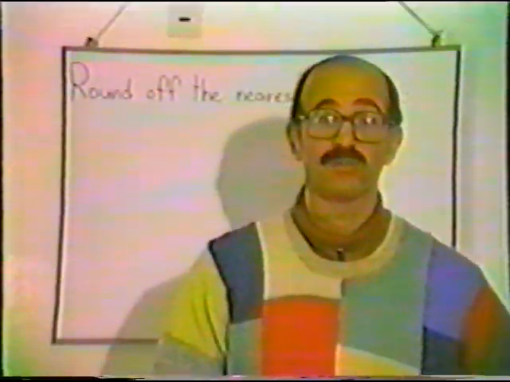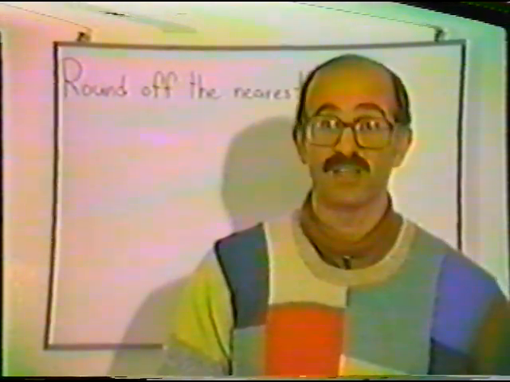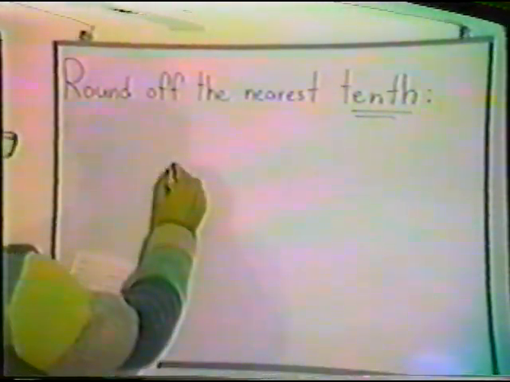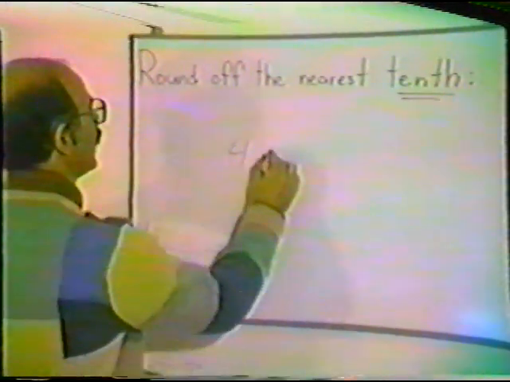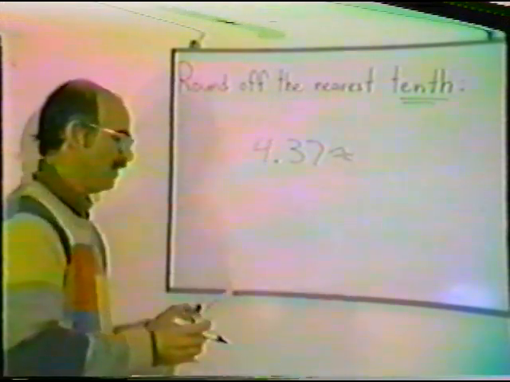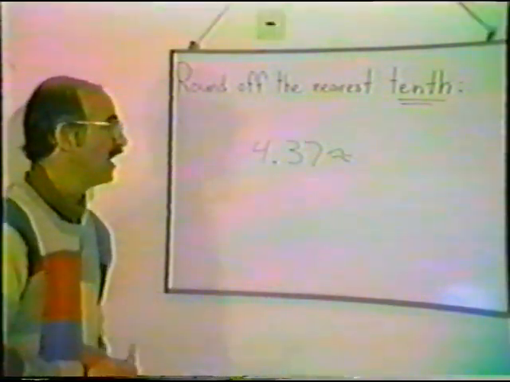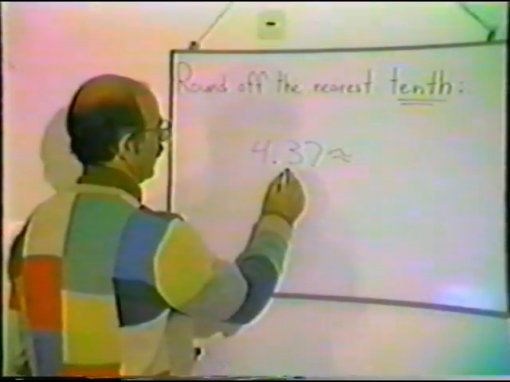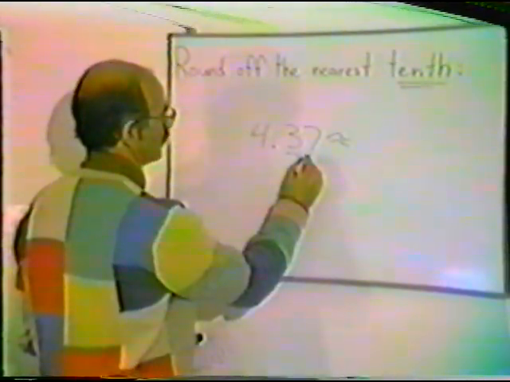Now we're going to round off decimals to the nearest tenth. 4.37. What number is in the tenths place? 3. And we point to the 7.